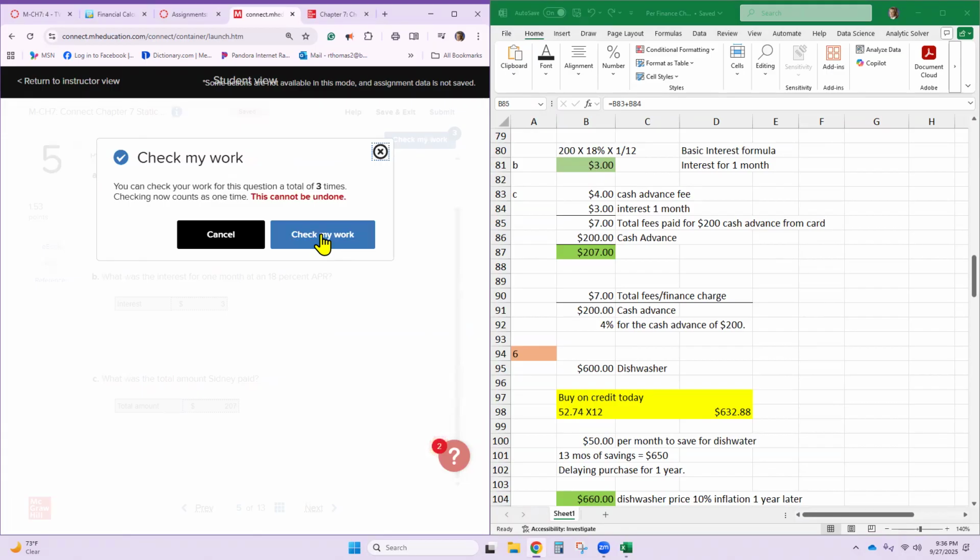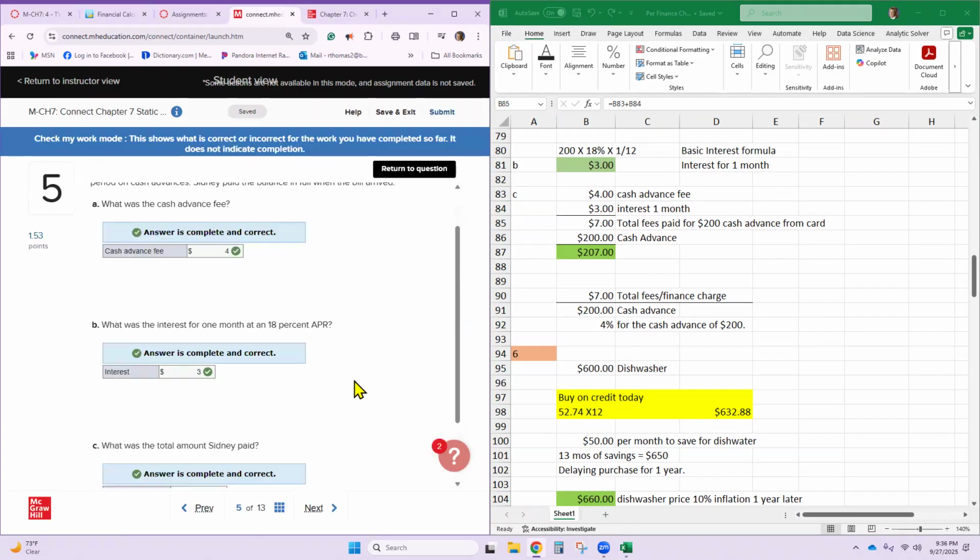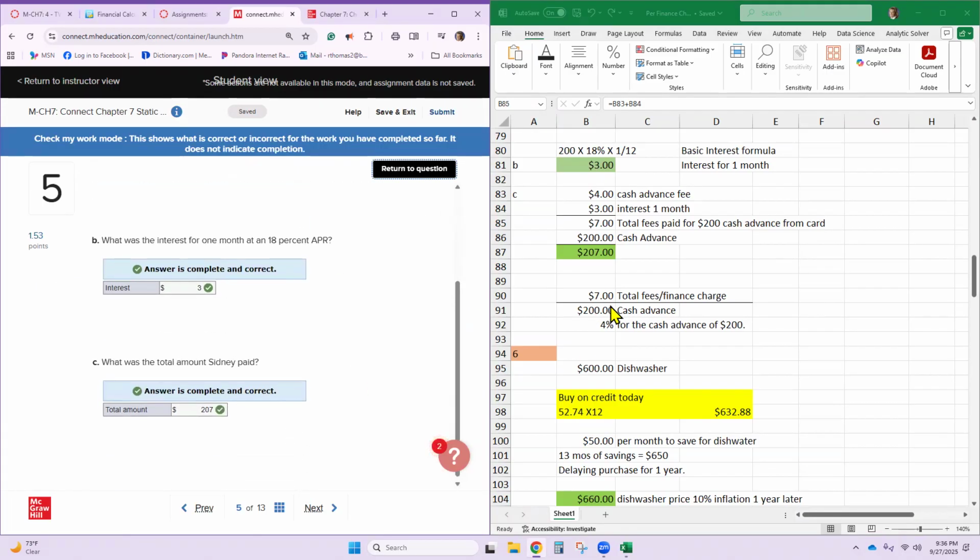Okay, so, yep. So if you take $7, now this is not what they're asking, I'm just taking this a little further. You take the $7 in the fees, also considered the finance charge, divided by the cash advance.